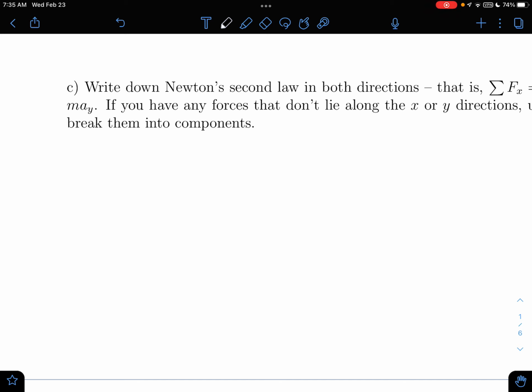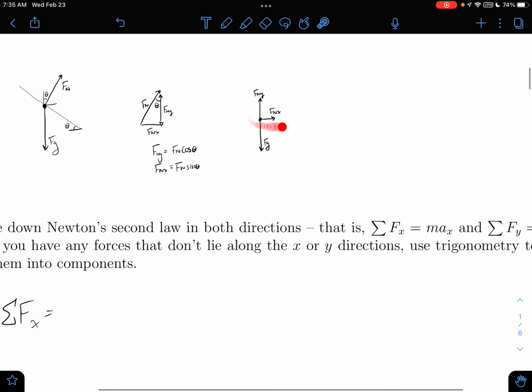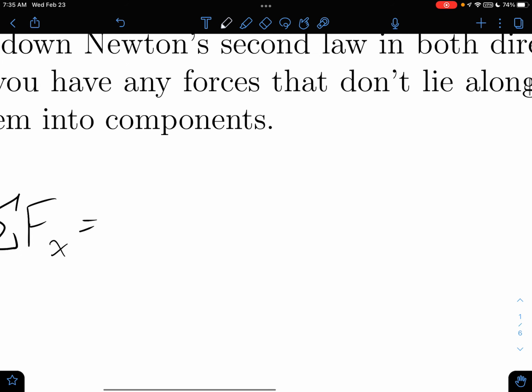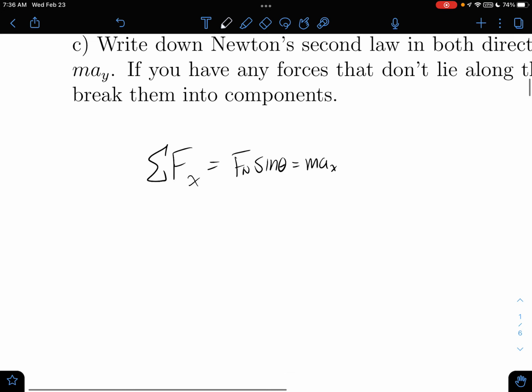So we're going to get our sum of all forces in the x direction. That's going to be just our Fnx that's acting in the x direction. And so that's going to be our Fn sine theta, which is max, because this is just the acceleration in the x direction.